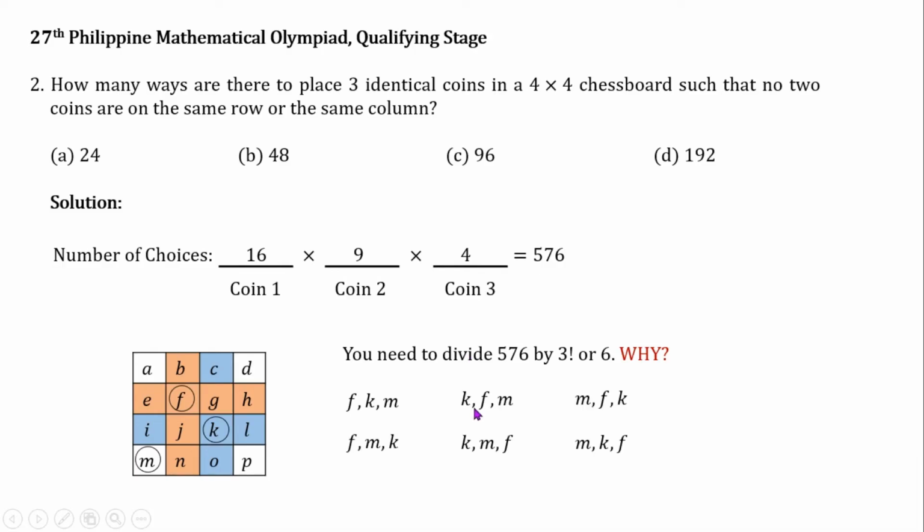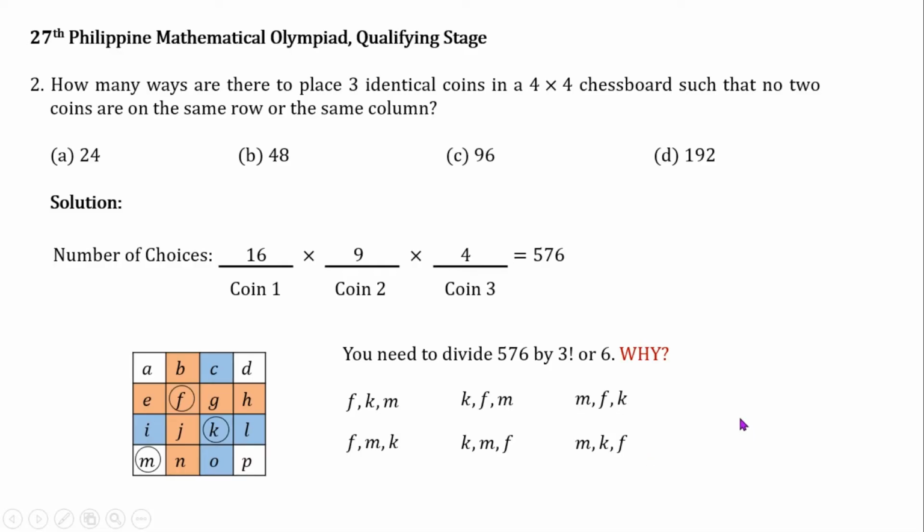To illustrate, let us take this specific case as an example. Instead of selecting F first, it is actually possible that K is selected first and then followed by F and then by M. It is also possible that M is selected first, followed by K, followed by F, and so on and so forth.